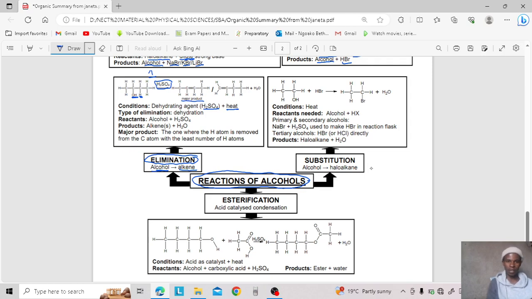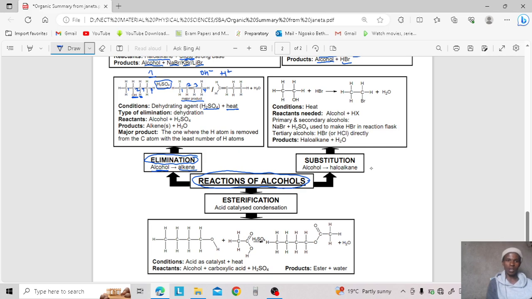Running the carbon numbers, I'll give names again 1, 2, 3, and 4. So carbon number 2 and 3 share a double bond. Then I remove the OH and then I remove the hydrogen. Now OH minus, then hydrogen plus.